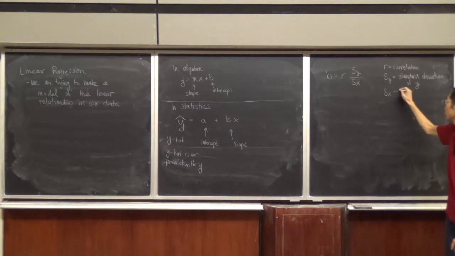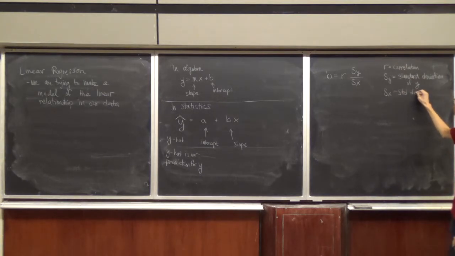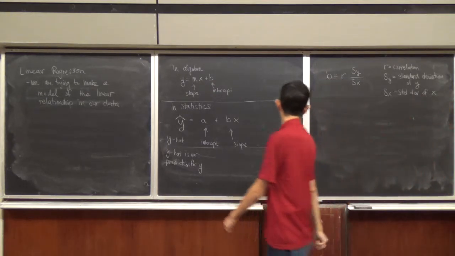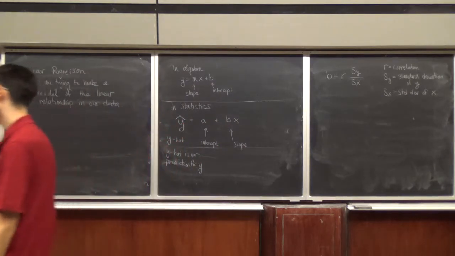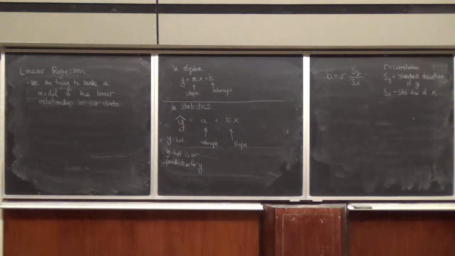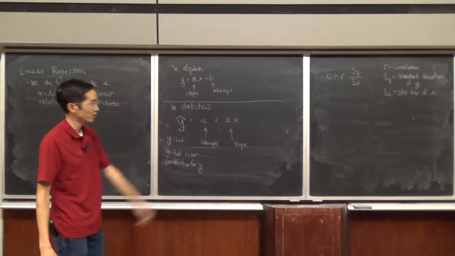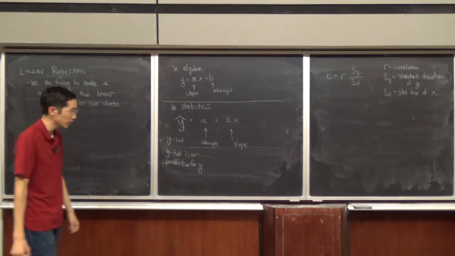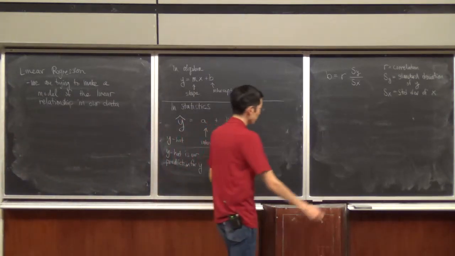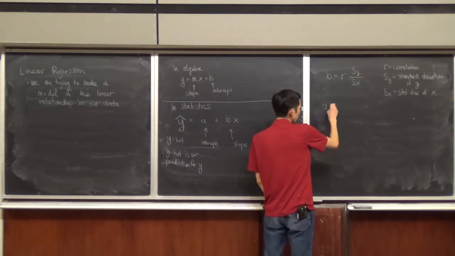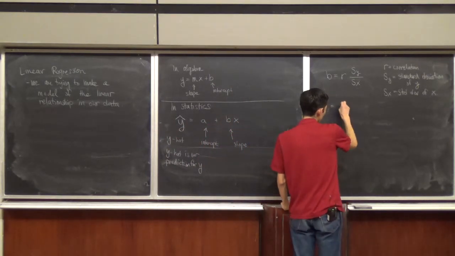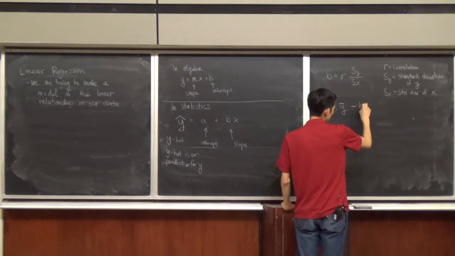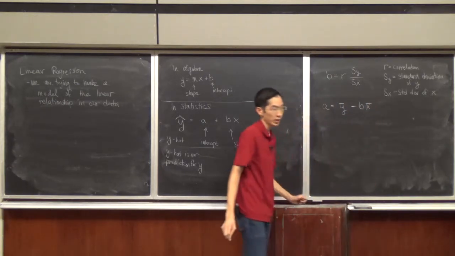S of x is standard deviation of x. So we plug in r, s sub y, s sub x, meaning subscript y. So r times s sub y divided by s sub x gives our slope, b. And then a, our intercept, is given by y bar minus b times x bar.